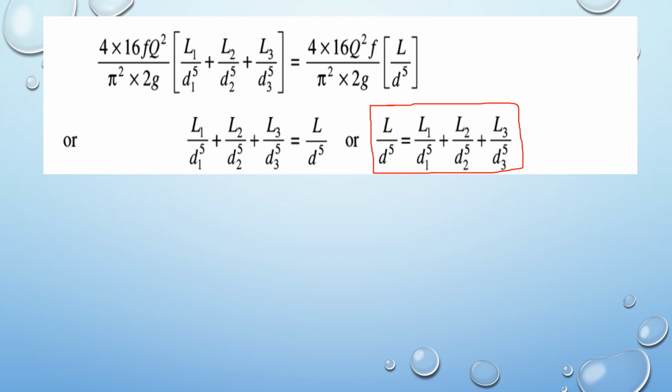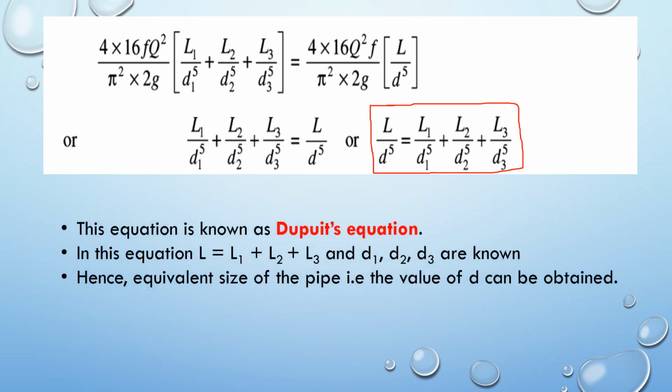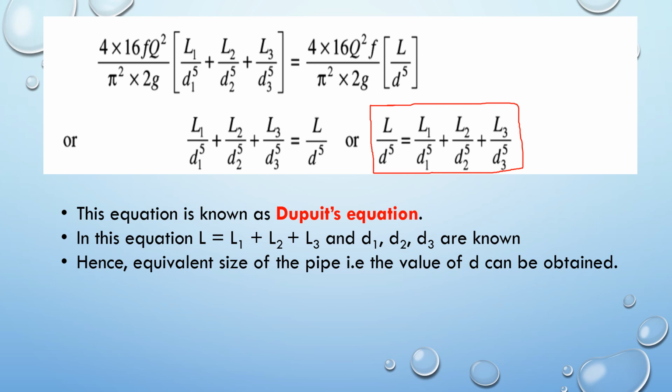This equation is also known as Dupuit's equation. In this equation, you should also note that L is equal to L1 plus L2 plus L3, and D1, D2, D3 are known. So once L, L1 and D1 etc. are known, you can easily find the value of D.